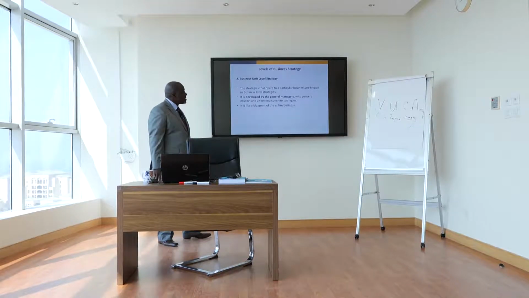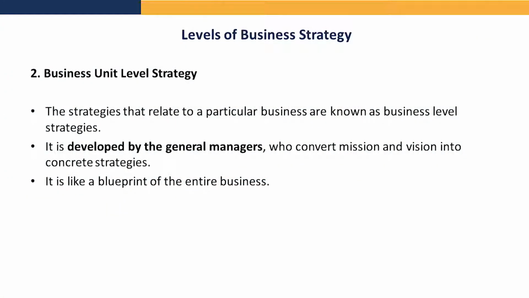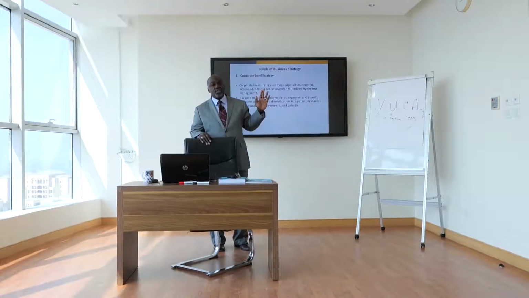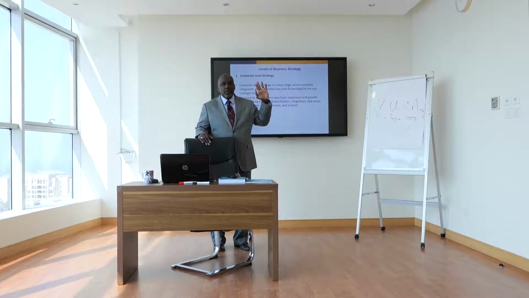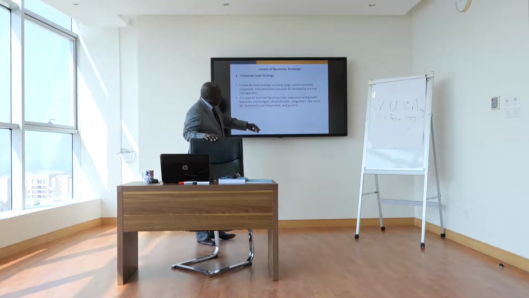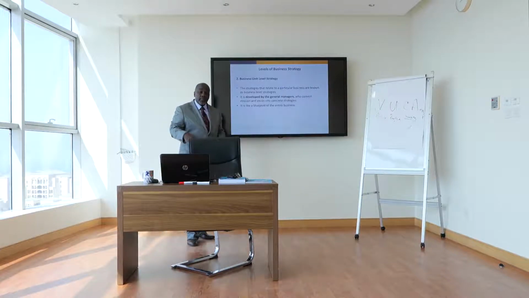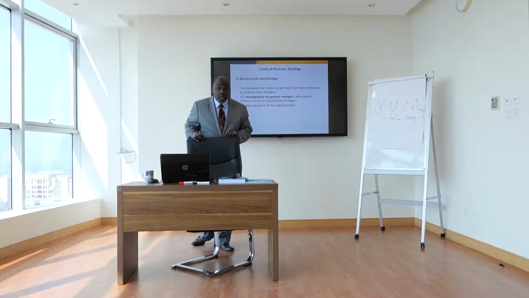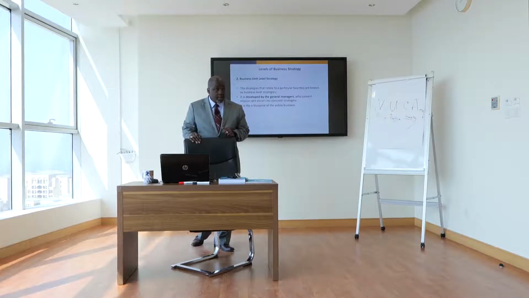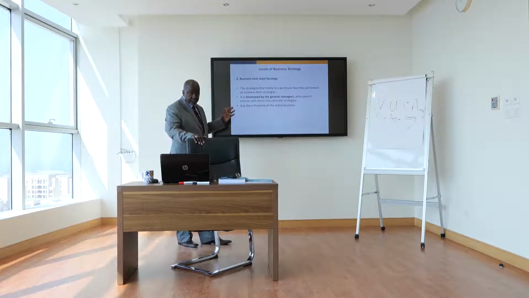Then we go down to the business level. This is generally developed by the general managers. We said earlier, the corporate level, who develops that strategy? The C level, CEO, CFO, CMO, CPO, CHRO. When you get down to the business level, that's cascaded, but that's left to the business unit managers or the business unit vice presidents or the business leaders, right?